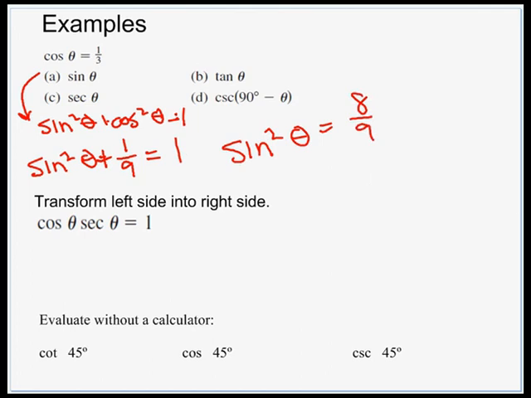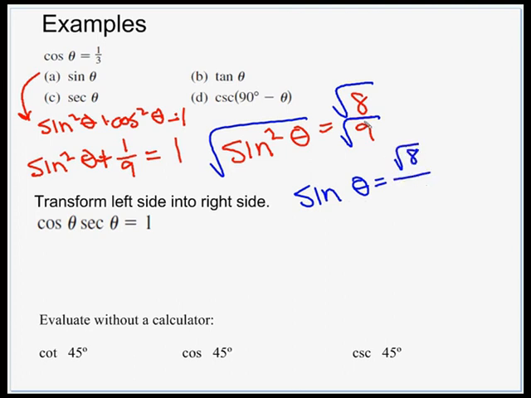And since we have sine squared, we square root both sides. We can do each numerator and denominator separately. So our sine of theta is going to equal the square root of 8 over the square root of 9, which is 3. And if we want to simplify that square root of 8, 8 is 4 times 2, and the square root of 4 will come out as a 2 times the square root of 2 over 3. So we found sine of theta, just given cosine is equal to 1/3.